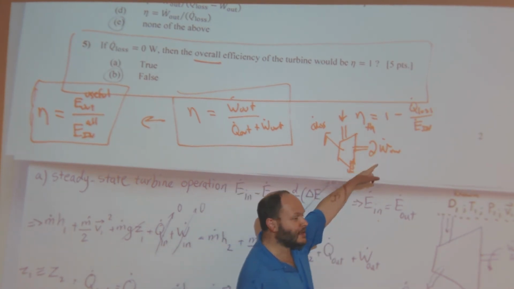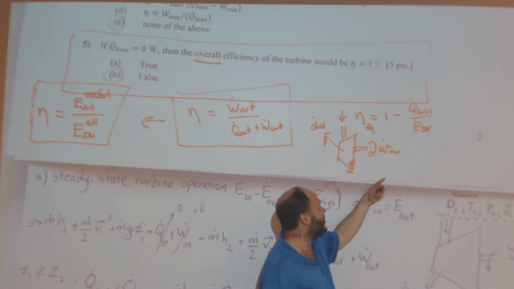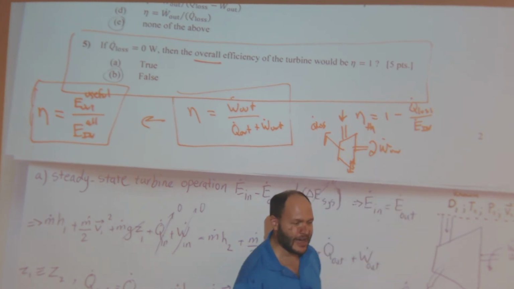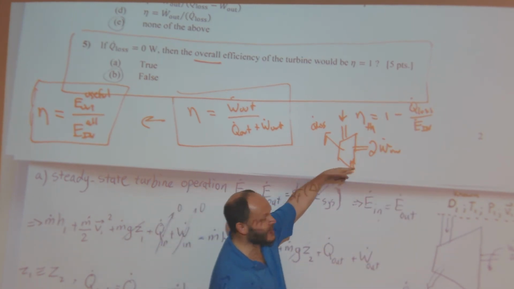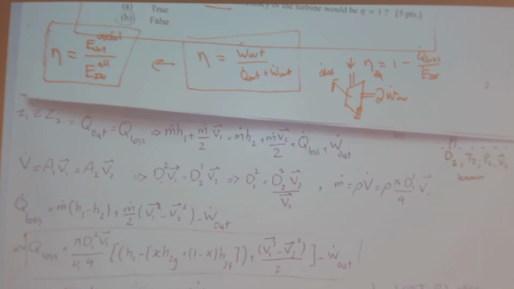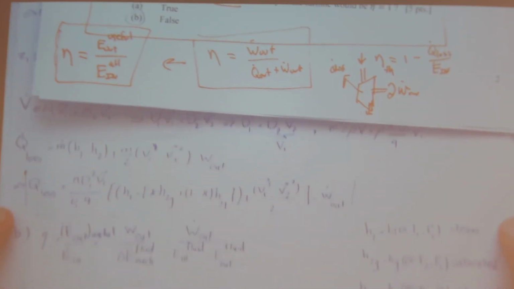Now, of course, there's always heat loss too. So even if you got it to absolute zero and there was heat loss, then you would have some energy out in the form of heat, and you still wouldn't be 100% efficient. Another way to look at it is this expression right here.